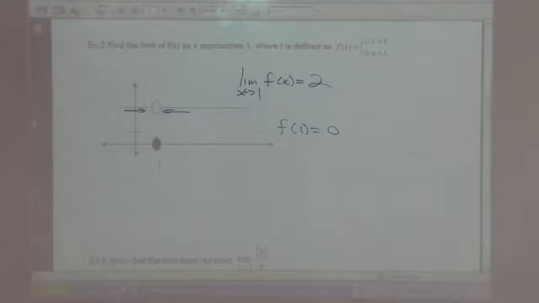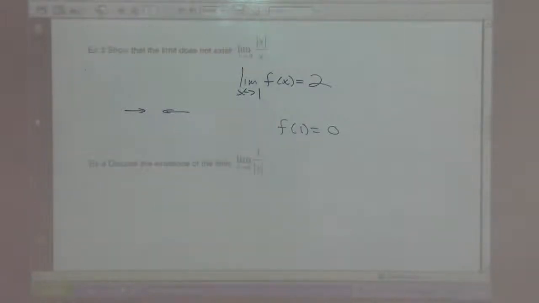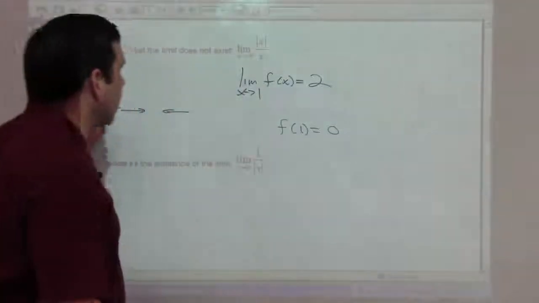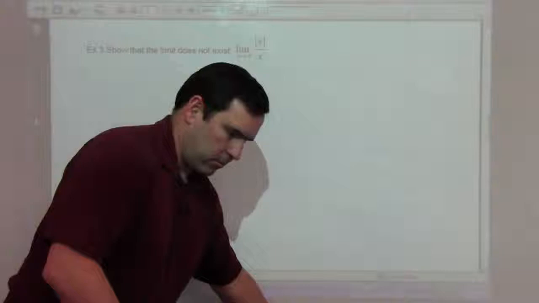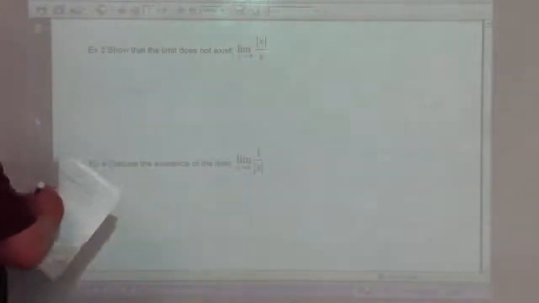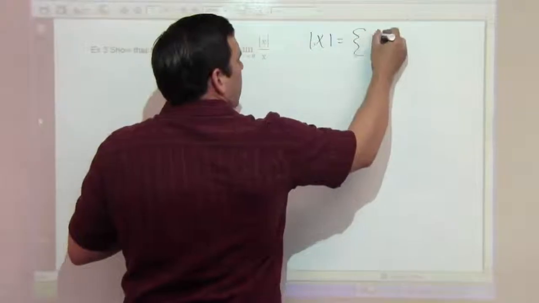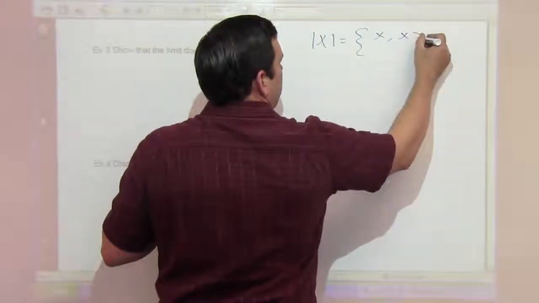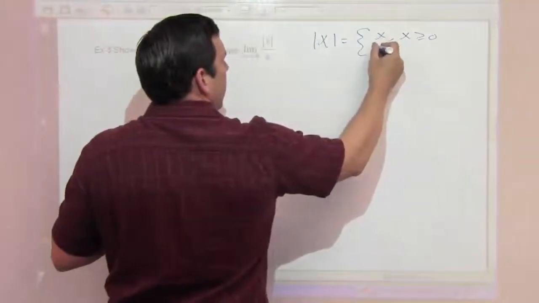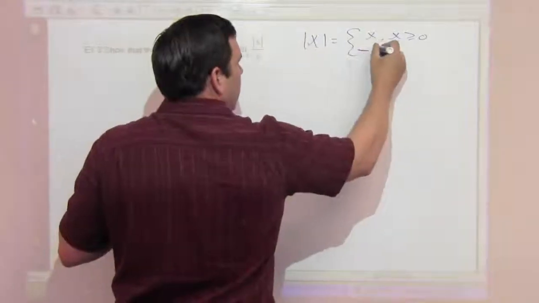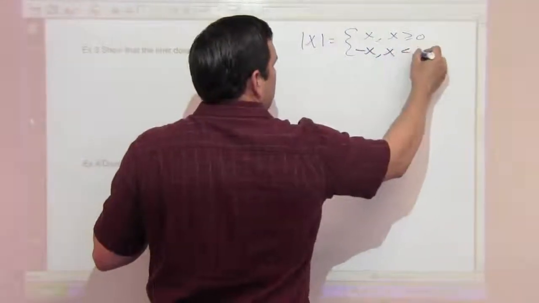Okay, let's go to example 3. Show that the limit does not exist for the limit as x approaches 0 of the absolute value of x over x. So the absolute value of x is defined to be x when x is positive or equal to 0, and it's defined to be the opposite of x for x being less than 0.